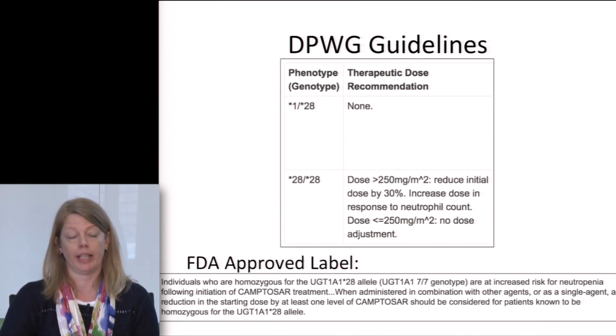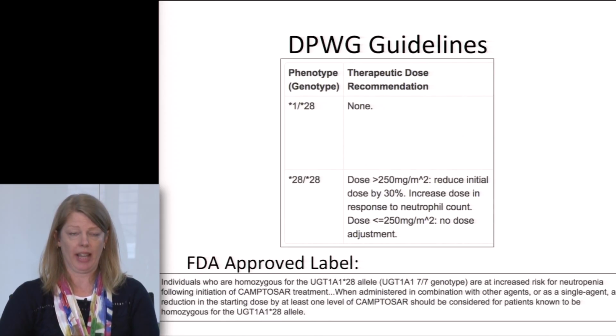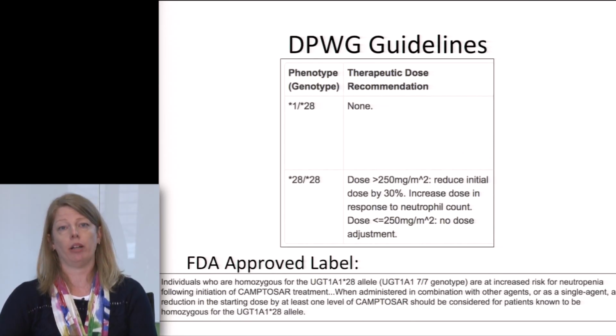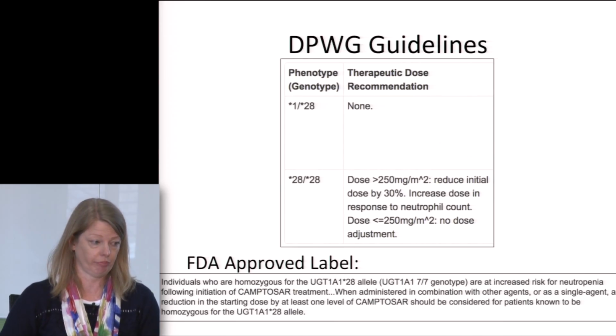However, if you're homozygous for it, then they really think that you should reduce the dose, because with at least 1 copy of the wild type gene, you're able to metabolize the drug to a sufficient degree so that it doesn't have toxic side effects. However, without that metabolism, with a much decreased amount of enzyme in your body from being homozygous for star 28, they recommend a decreased dose.